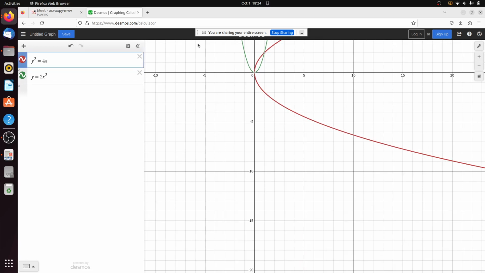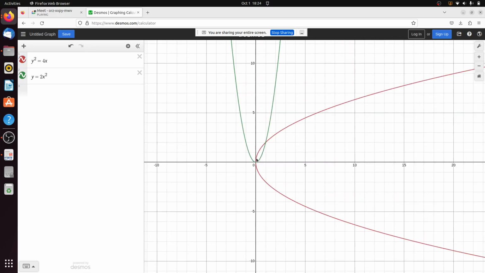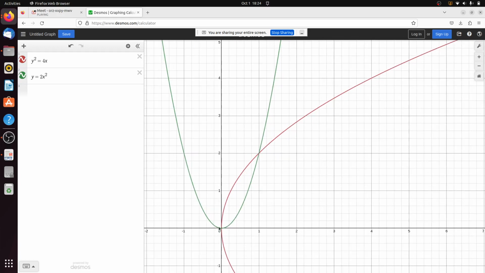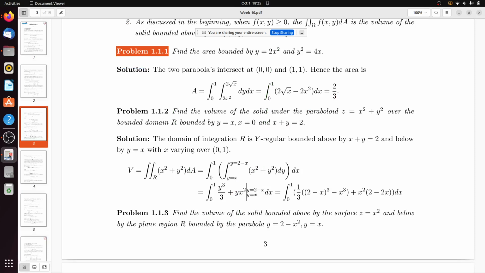See, this is actually your domain of integration, the intersection region, and they intersect at 0 0 and 1 2. Here, I think there is one typo in this problem, for y equal to 2x square and y square equal to 4x.